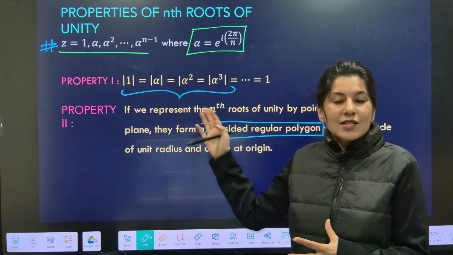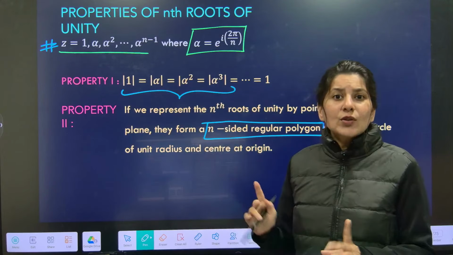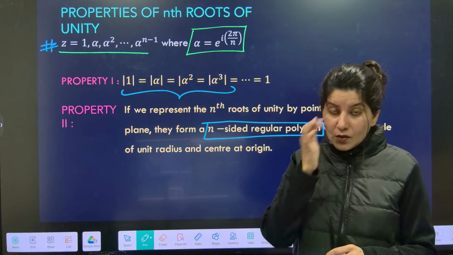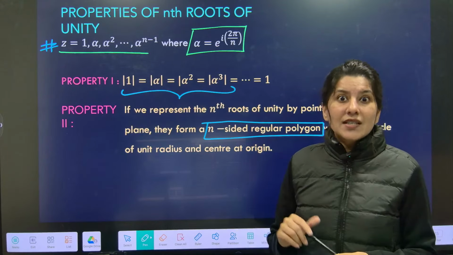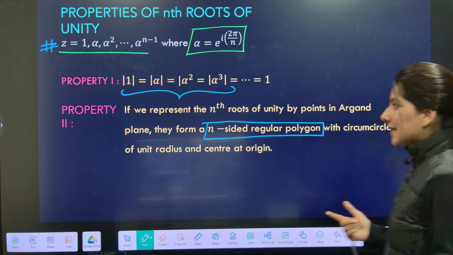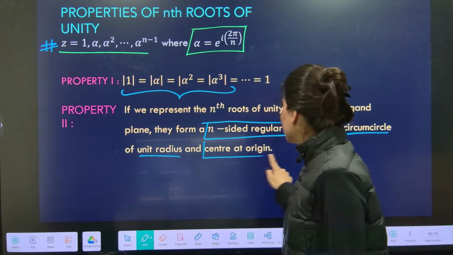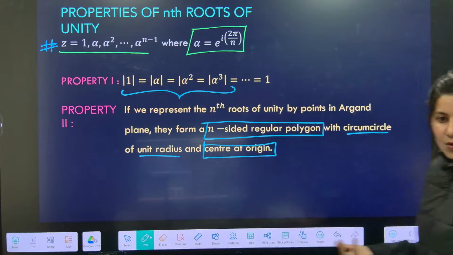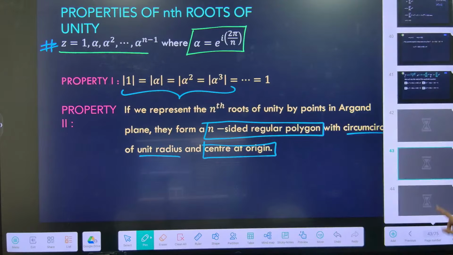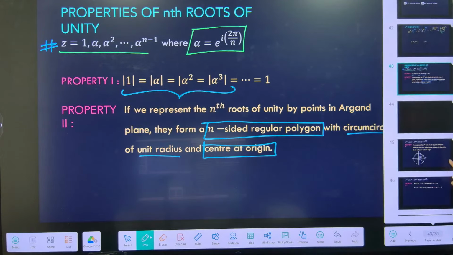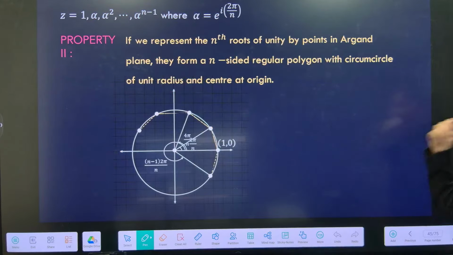Suppose n is 4, then you get a square. If n is 5, then pentagon. N is 6, hexagon. Circumcircle of unit radius and center at origin. It's just an extension of the triangle, nothing else. This is how it is going to look.